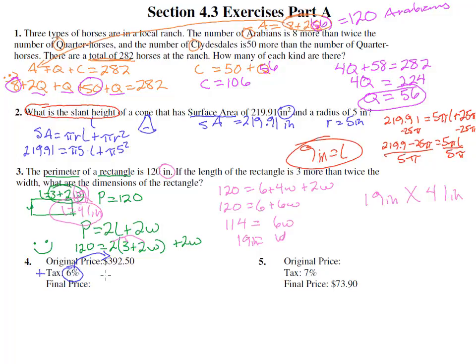What we're doing is we're just starting with the original price, 392.50, and add to that 6%, that's 0.06 of the original price, 392.5. So we took and got the tax that would be added on by 6% of that number, then added it on. Let's plug that in our calculator and see what we get here.